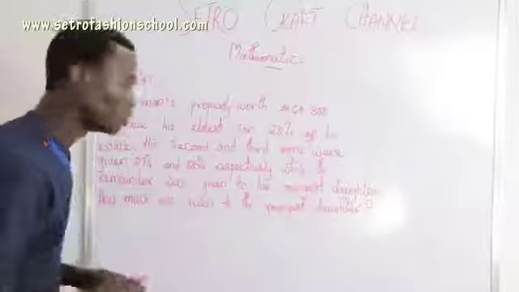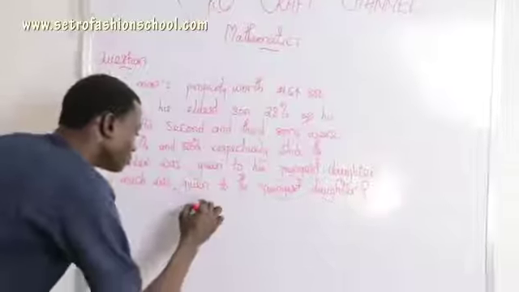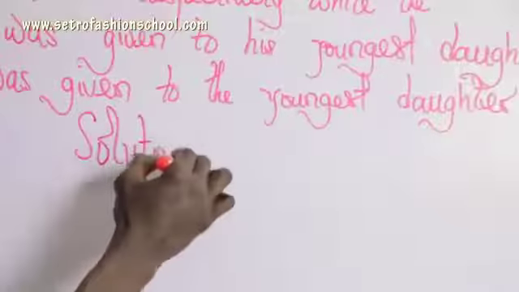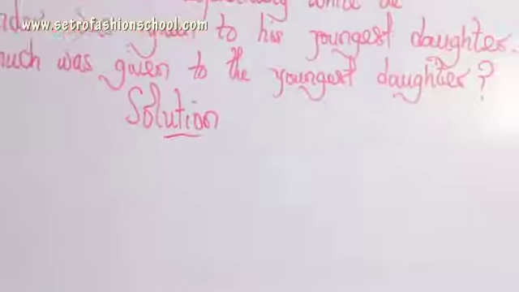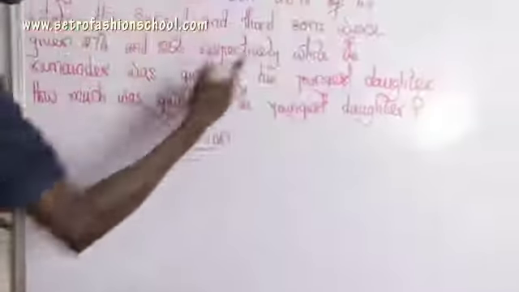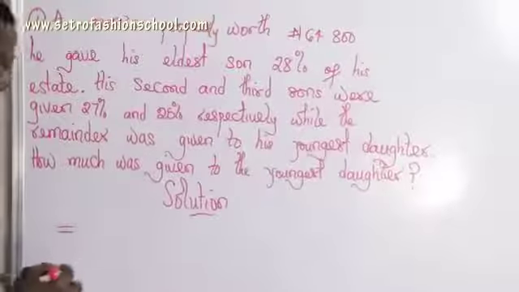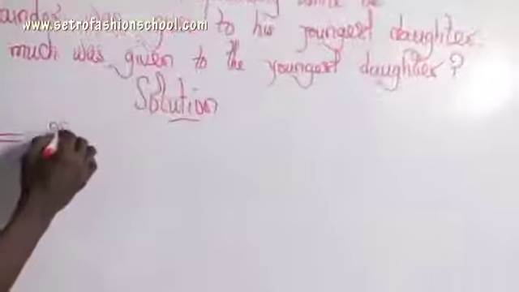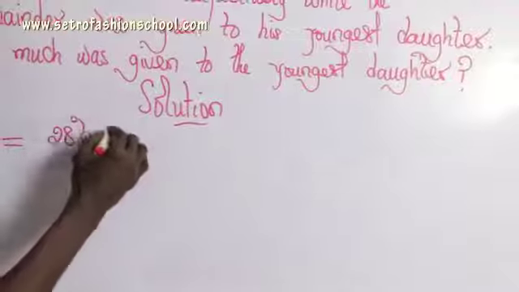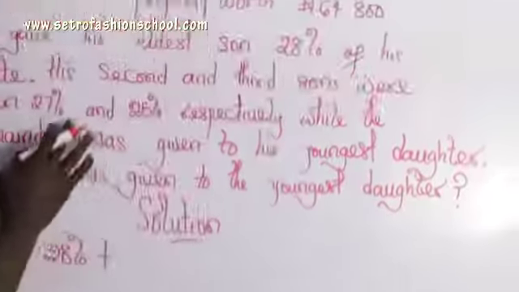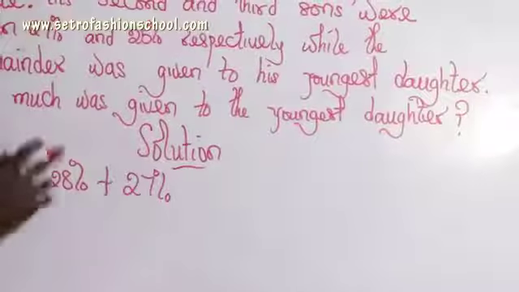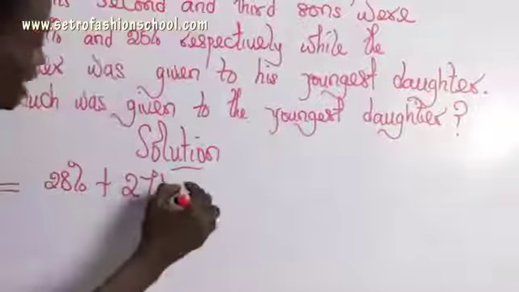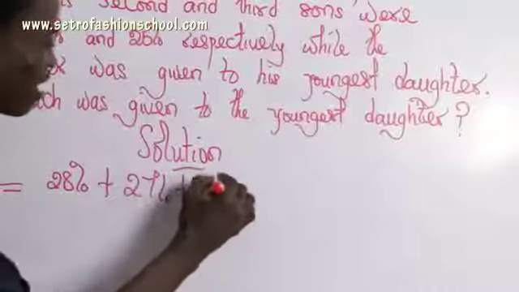So this is how it goes. Solution. Our first step is to add all the percentages together: 28% plus 27%. I hope you are watching. 27%, then the third percentage, plus 25%.